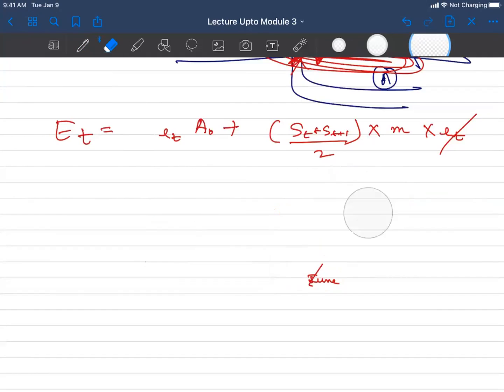Now, my ET is accounted for. So can I write... to be consistent with the book and the notes that I am following for our lectures, I will use this A, but A is equivalent to the slope of that line. Let's think about that. So this is our ET. Can you write a continuity equation now?